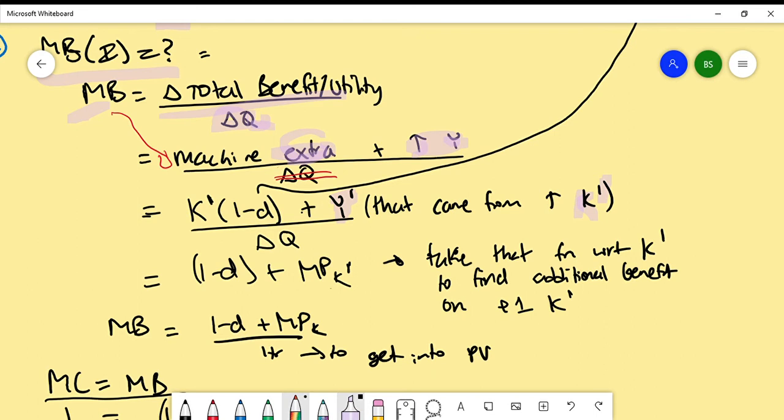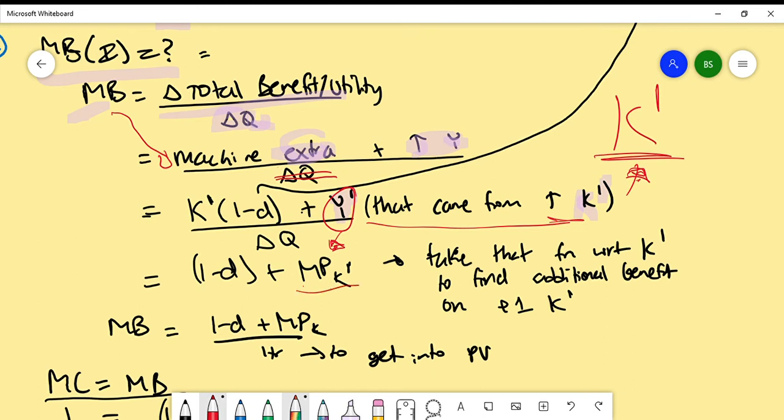And if your future K is bigger, it can pop out more income, so we look at the increase in income that specifically came from this increase in K. One would assume that it's the marginal product of the future capital, the future K, because the income that came from the increase in K is just the future K. Cool.